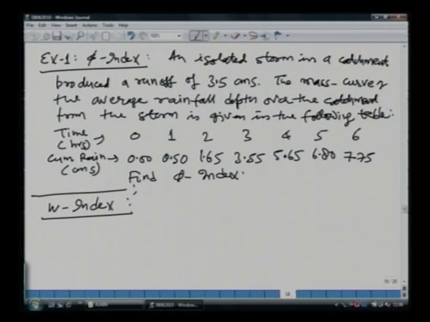But we will not go into too much detail of that, except saying that the RD for the W index we can calculate like this. The procedure will be exactly the same as what we have just demonstrated here. You have Rm minus W delta T minus IA. So, what you have done is you have thrown in this additional term IA, which is your initial abstraction, which you have to estimate somehow.